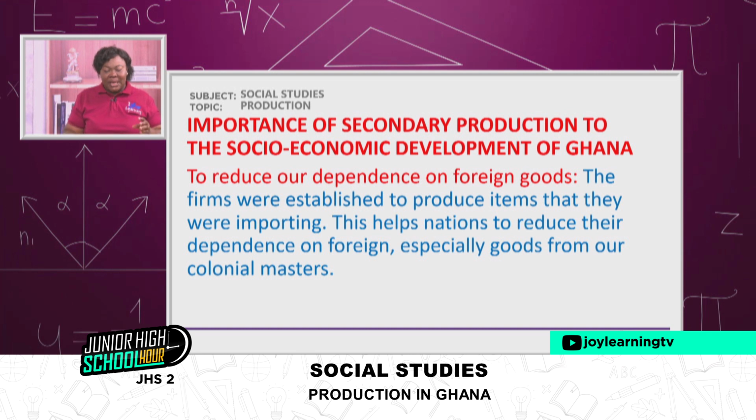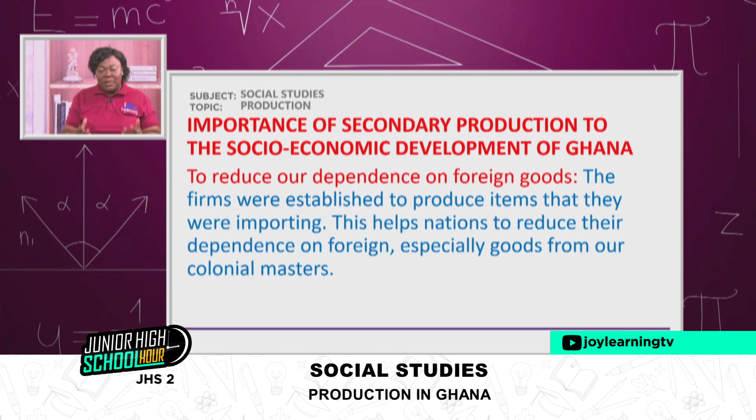The firms which were established to produce these items were doing what? Firstly, was importing all these things from outside. But now, if we have all these raw materials here, we can process them and have our own what? Products or our own goods, which will help build the what? The economic development of Ghana.